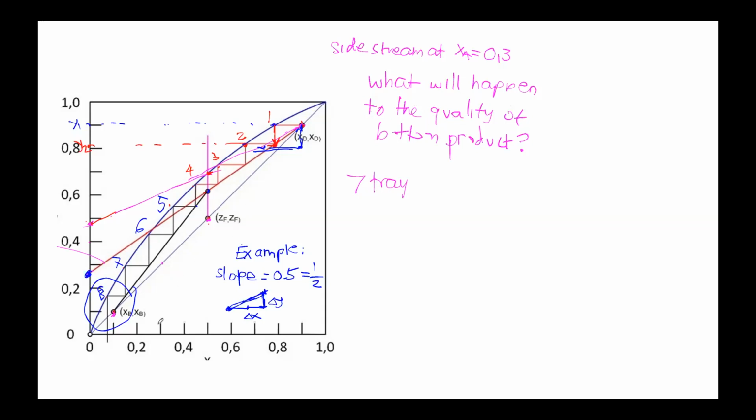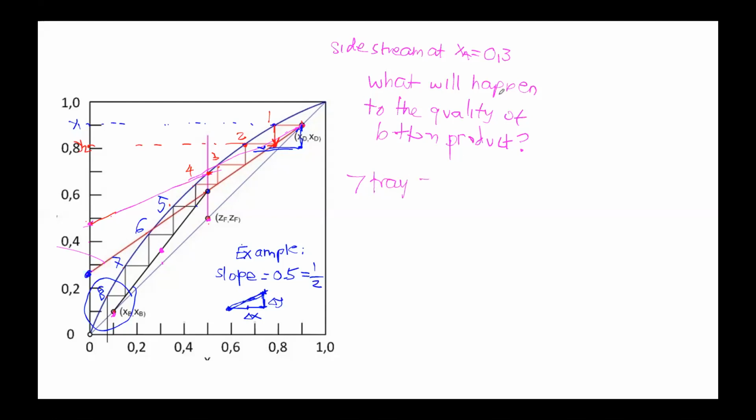First, we need to find that side stream at 0.3, this one there, okay? And then we also need to know the phase of the side stream.